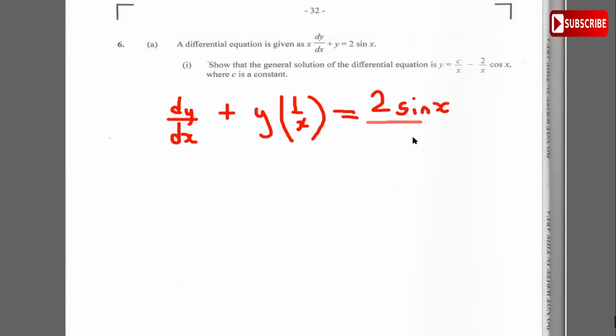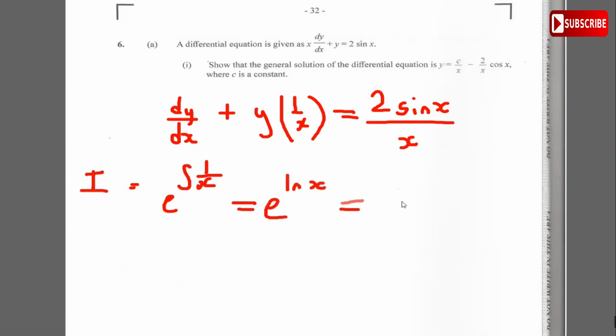Find your integrating factor. Your integrating factor I is equal to e to the integral of 1 over x. When you integrate 1 over x, you get ln x, so it's e to the ln x, which is just x.